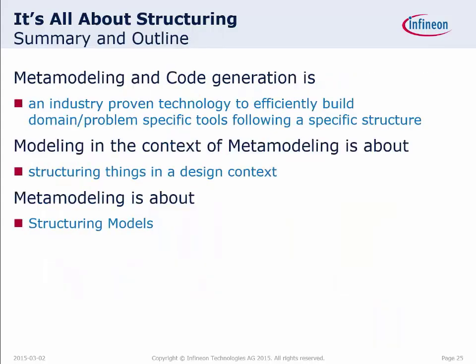So as a summary, meta modeling and code generation is an industry-proven technology to efficiently build domain-specific tools for a specific structure. So you've seen you have the possibility to define your meta model and generate whatever output code, whatever view, whatever domain-specific tool you want to have.